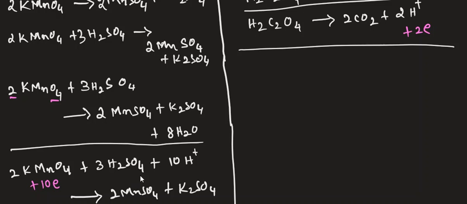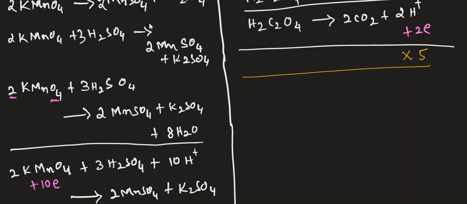So how to do that? Here we have got 2 electrons on the right side. Here we have got 10 electrons on the left side. So we can multiply this by 5, is it not? Okay, and add. So the anodic reaction can be multiplied by 5, then added to this one. So what is that?